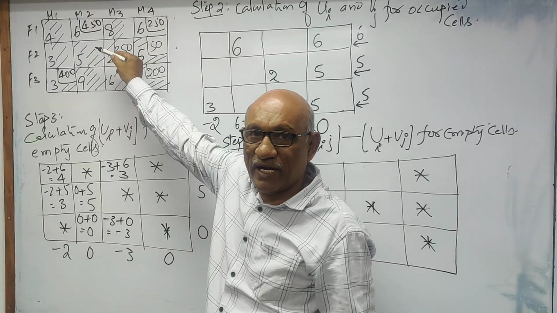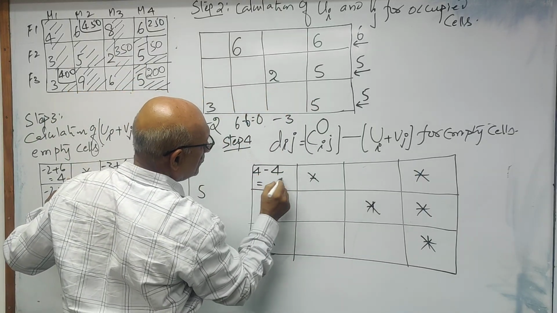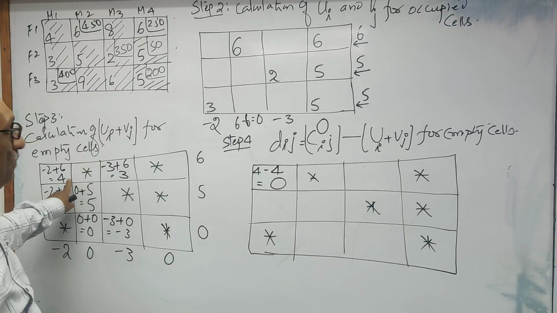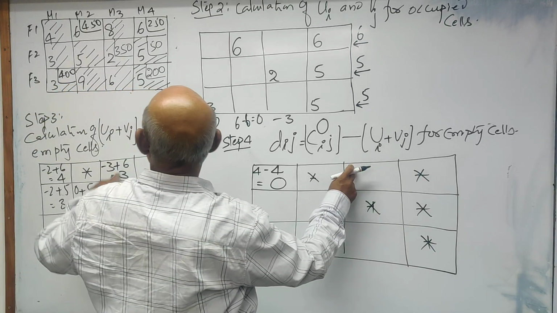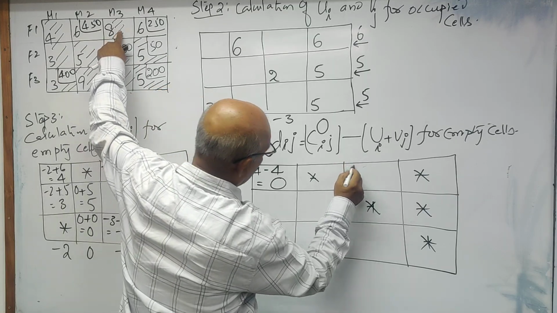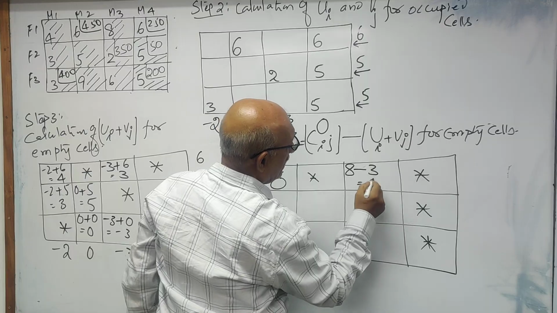From the given cost matrix. Minus UI plus VJ, 4. 4 minus 4, 0. Come to the first row, third column. You take a cost from the given cost matrix minus UI plus VJ value. This is fine.